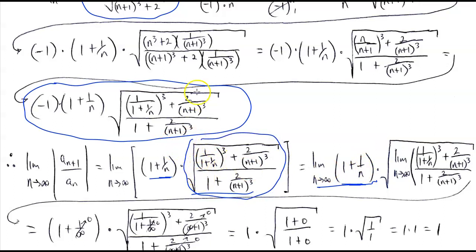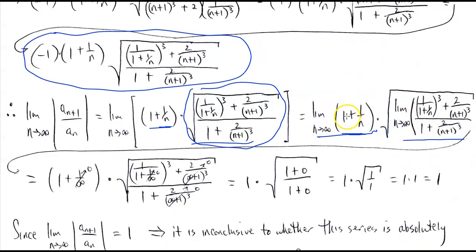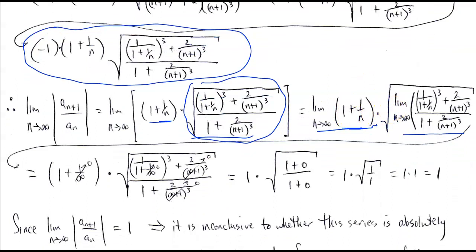And via our limit laws, we know that we can slide the limit operator under the square root sign. Okay. And so that's why we have this looking this way. So once we're at this point, we can essentially, due to a lot of limit laws, just plug in infinity for n, and we know that 1 over infinity in terms of limits goes to 0. And so once we do all that, we see that we end up with 1 here.